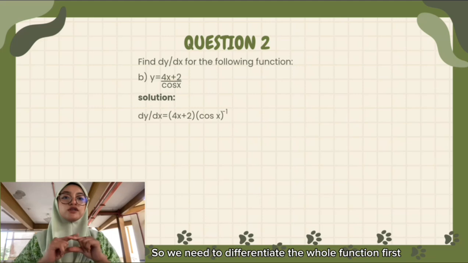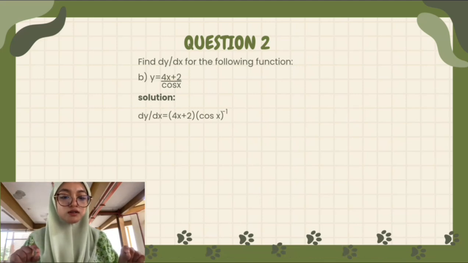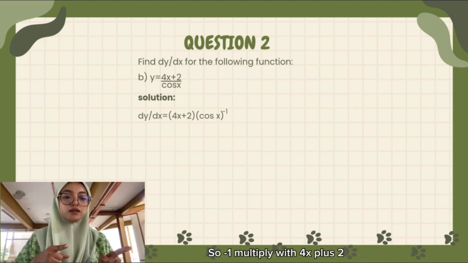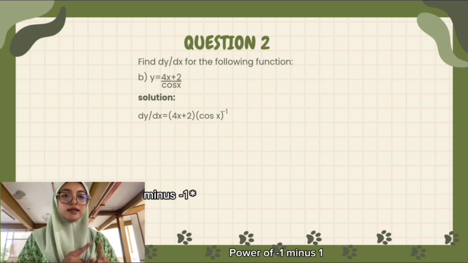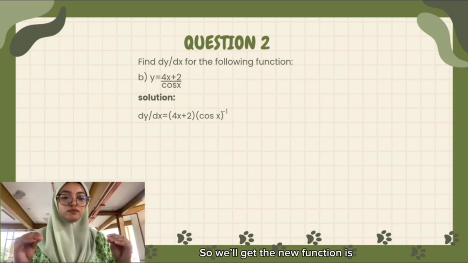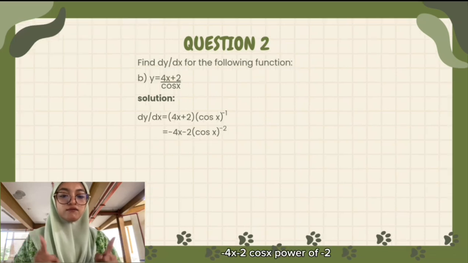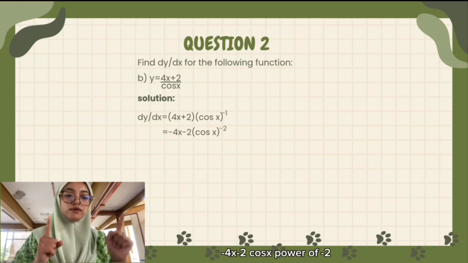So we need to differentiate the whole expression first. Negative 1 multiplied by 4x plus 2, and negative 1 to the power of negative 1 divided by 1. So the new function is negative 4x minus 2 multiplied by cos x to the power of negative 2.